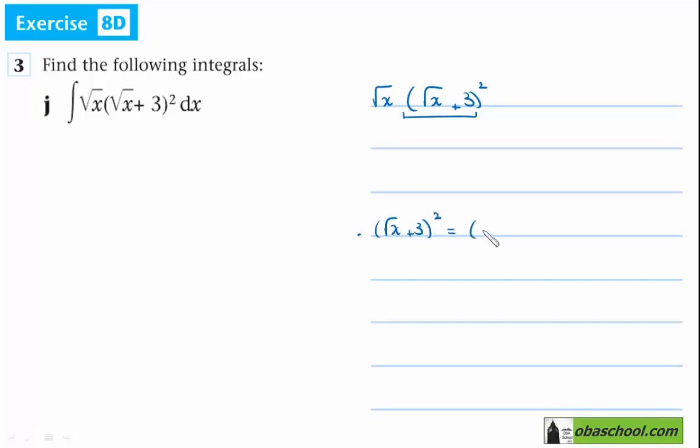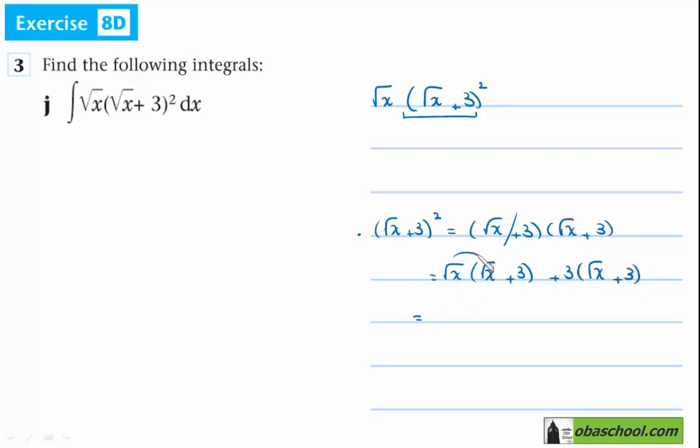This is equal to the square root of x plus 3 multiplied by the square root of x plus 3. Let's split the terms in the first bracket. Then it's the square root of x multiplied by the square root of x plus 3, plus 3 multiplied by the square root of x plus 3.